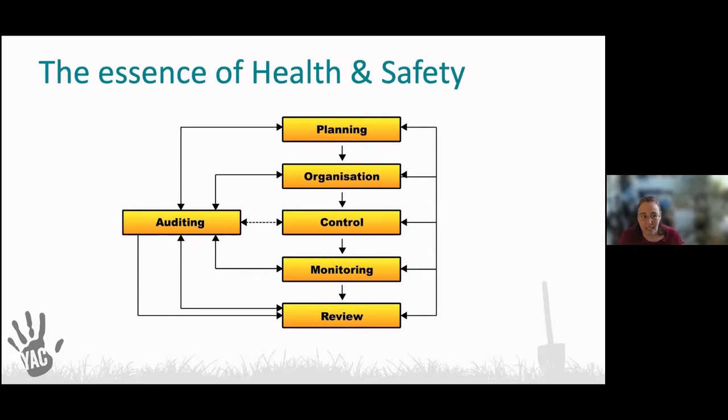The toolkit is there to help you with the planning, the organisation, and the control, the monitoring, and then to help you to review as well. So if you have processes in place already, it's worth looking at the toolkit just to see whether or not you've covered everything. And there are some checklists on there, just if you are unsure of what you're doing or what should be in there, and so on.